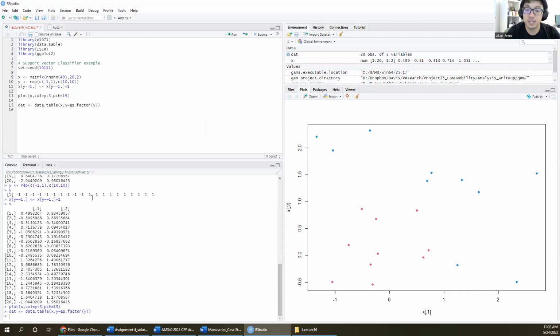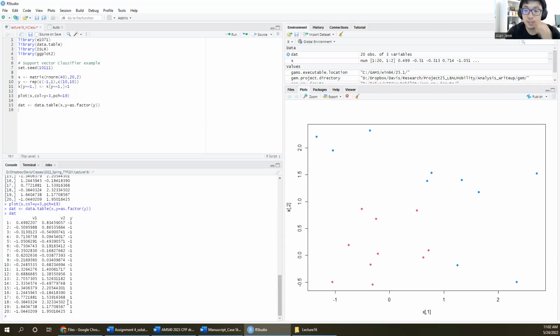We're going to put this all into a table. So we have our x1, x2, and our y that looks like this. Okay, so let's go ahead and put this into SVM.